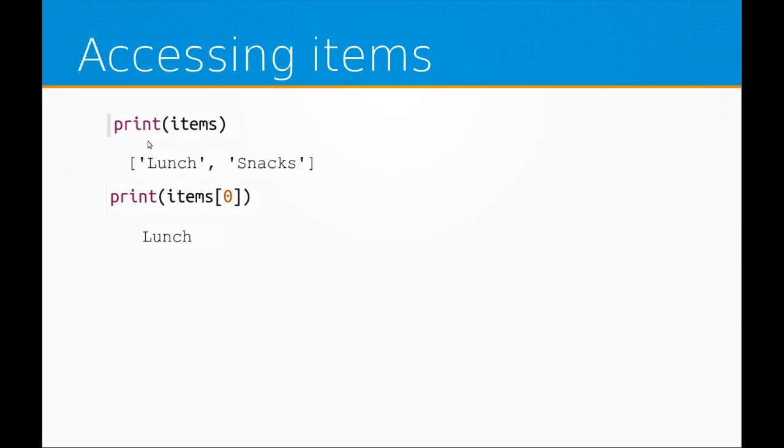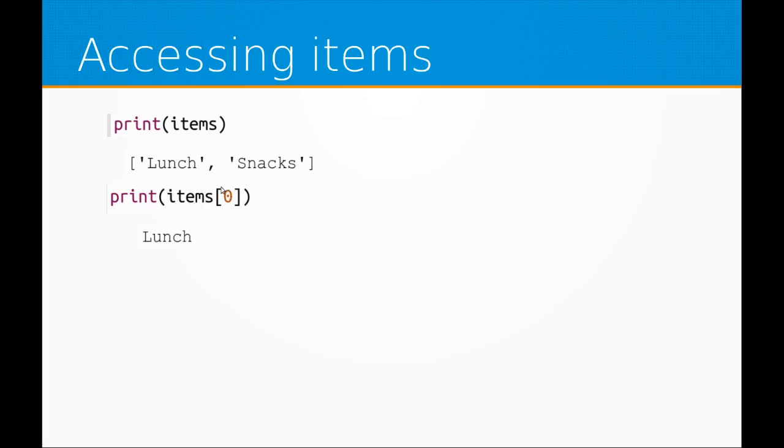So if you want to actually access the items, if you want to say, okay, what's in the backpack and show it to the user or do some processing on it, then you can just print items in itself and it prints out like this. It's not particularly user-friendly, but it works. It's great for the first versions, it's great for debugging. You can access individual ones in the same way that we did with strings.